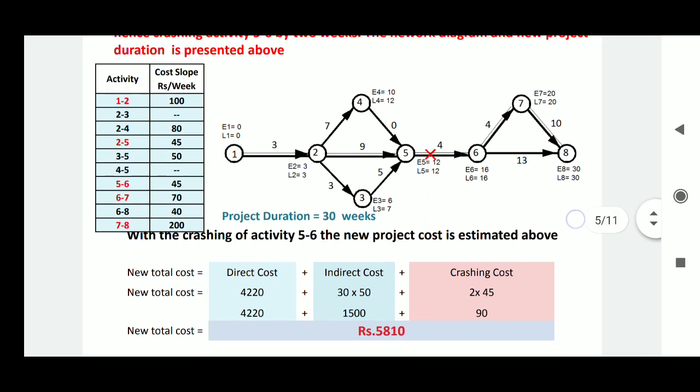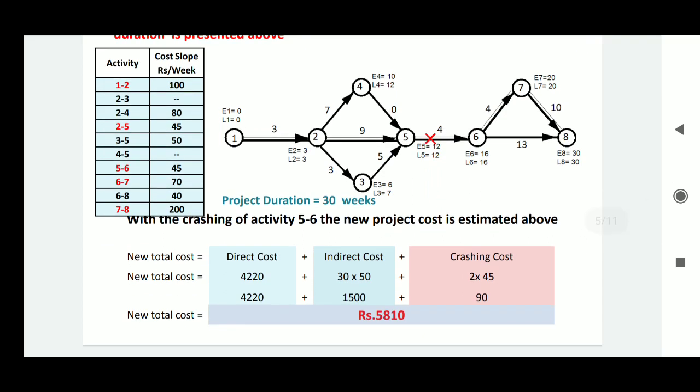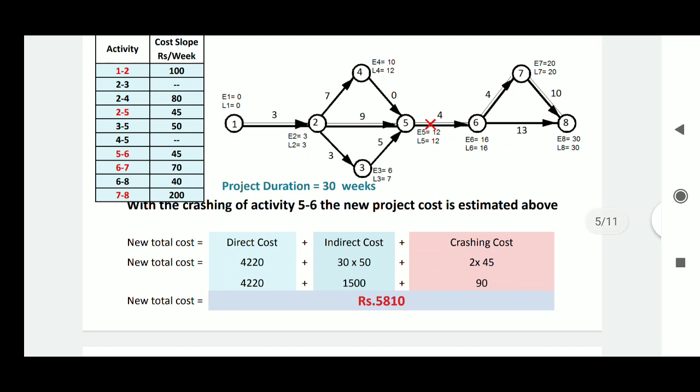So the critical path is shown, and now the new total cost is calculated. The direct cost is the same, that is 4220. The indirect cost, as the duration is changed, is 30 multiplied by 50. Then the crashing cost is added here because we are going to use more resources. We are crashing it by 2 weeks, hence 2 multiplied by 45, that is 90.